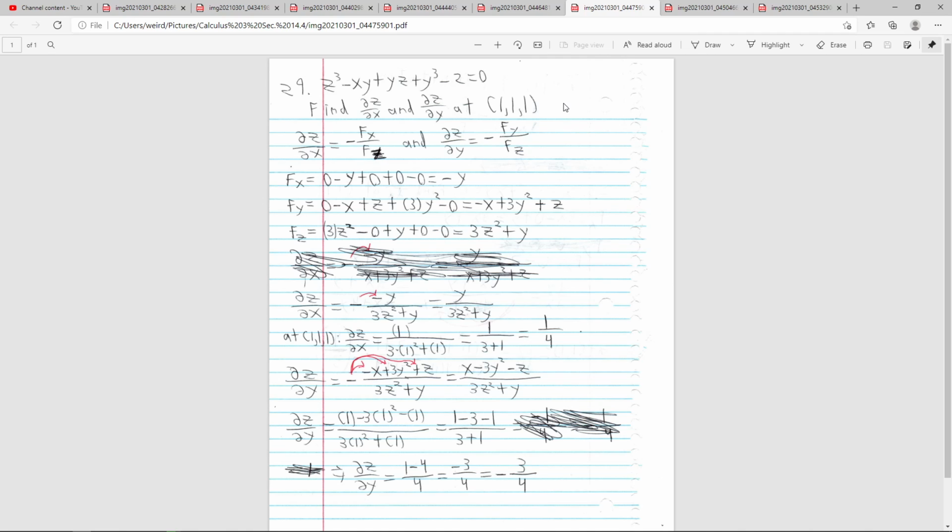You want to evaluate at 1, 1, 1. Find fx, fy, fz, and then do the proper divisions to get your results. I distribute the negatives out each time just to get them outside of the front. I don't think you really have to do that, but it's one way of doing it.